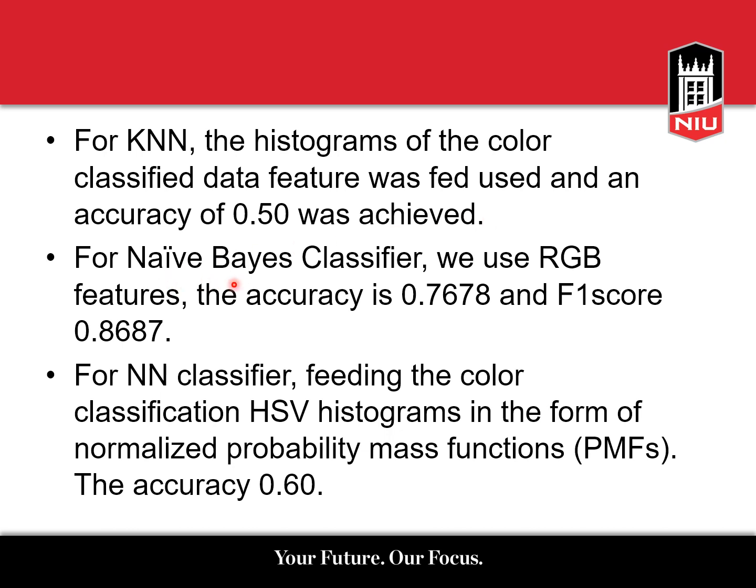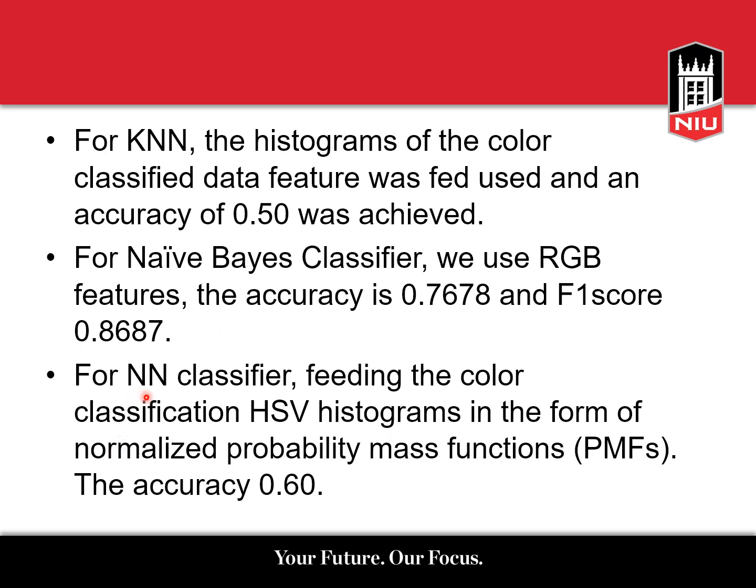And for the naive Bayes classifier, we use the RGB feature. Accuracy is about 76%, and the F1 score is 87. So it's pretty encouraging for us to use this method to classify skin types.